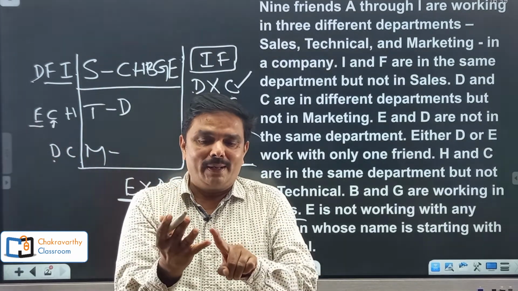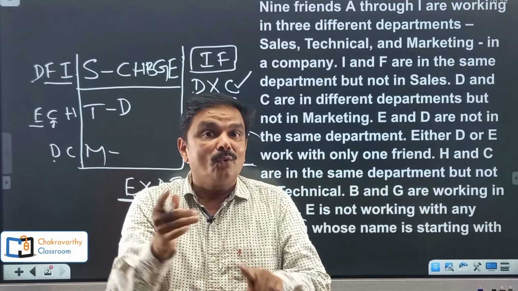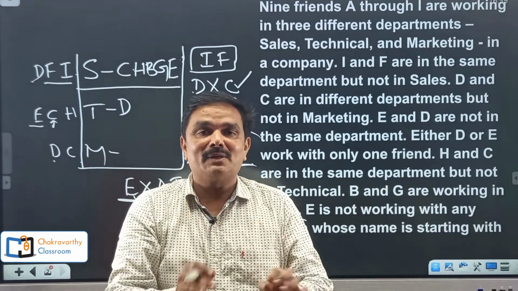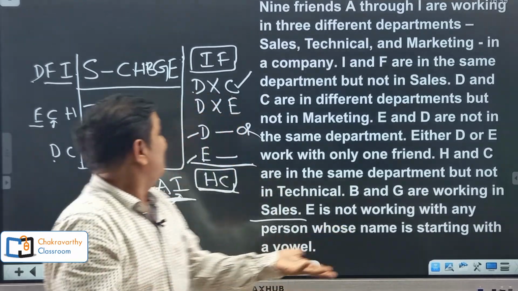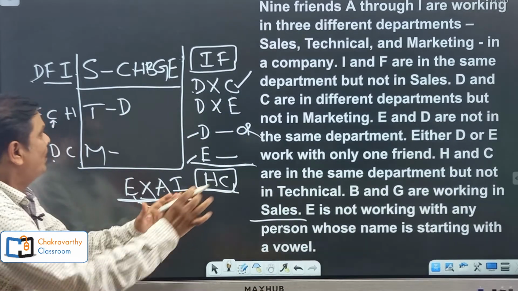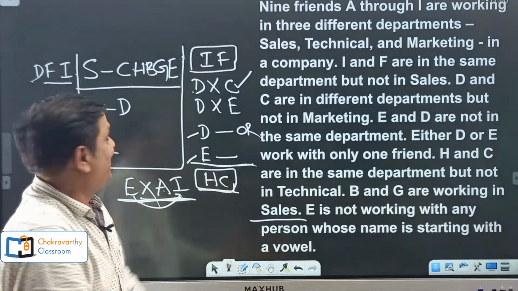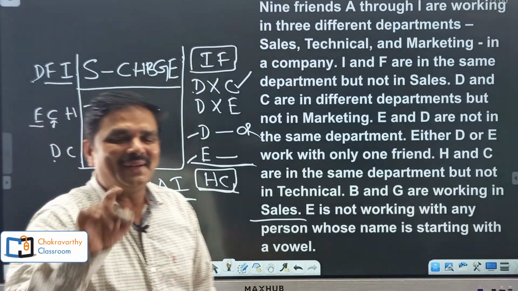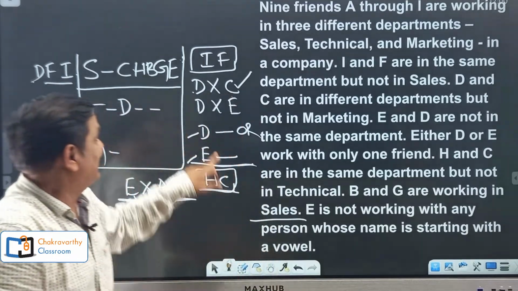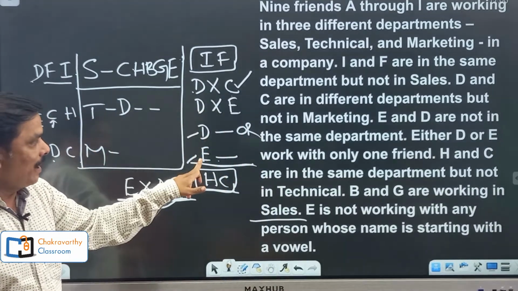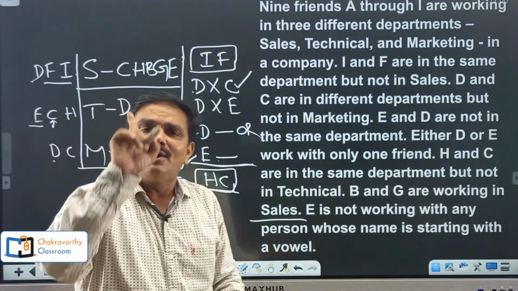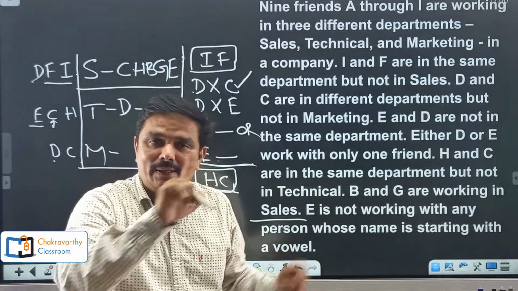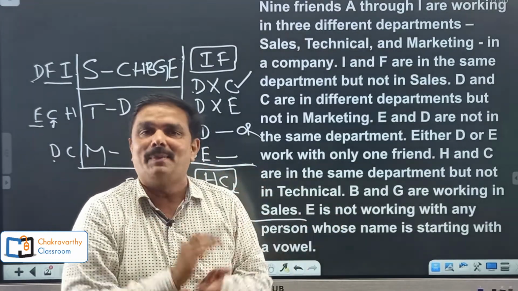Now left out are A, F, I with the condition that F and I must be together. Now where shall I keep F and I? Now very clearly I cannot keep F and I here. Not possible. Why is that so, you tell me? Because of this condition, either D or E must work with only one person in their respective department.